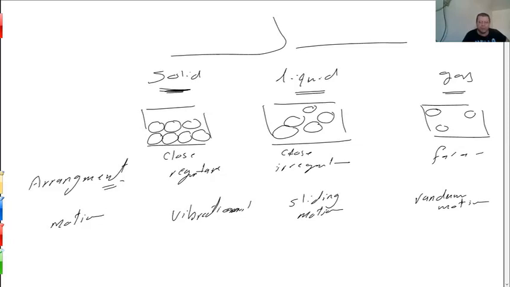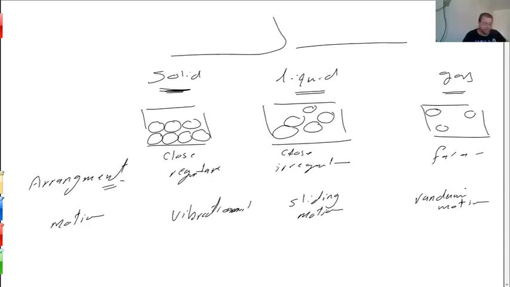What's random motion? Random motion is the motion in all directions with different speeds. Again, I'm repeating it. Random motion is motion in all directions with different speeds.